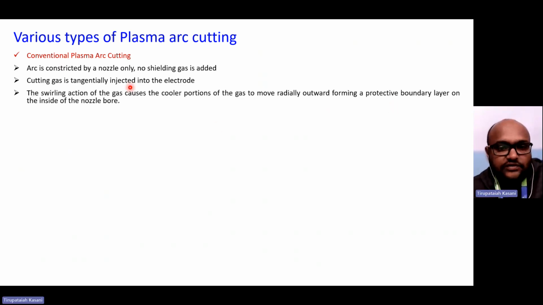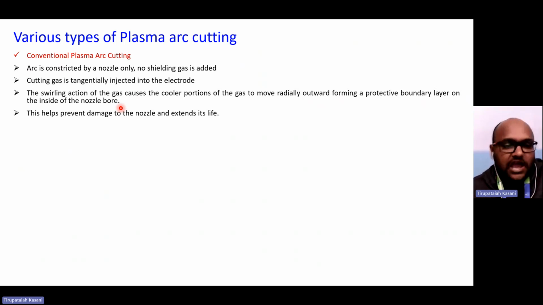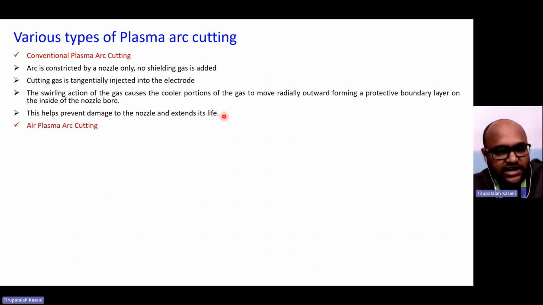The swirl action of the gas causes the cooler portion of gas to move radially outward, forming a protective boundary layer on the inside of the nozzle bore. This helps prevent damage to the nozzle and extends its life. The nozzle life will be extended.